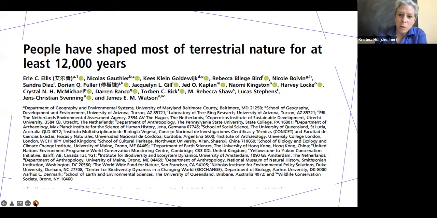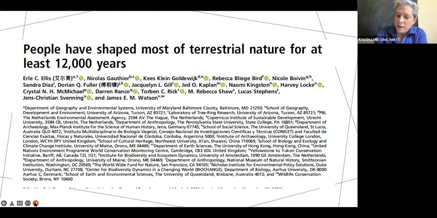One of the most important papers that have come out about this is by Erle Ellis and his colleagues, writing in 2021. They published this in Nature, I believe. And what they're arguing is that people, in fact, are a critical element of all of the biospheres and ecosystems that have biodiversity.